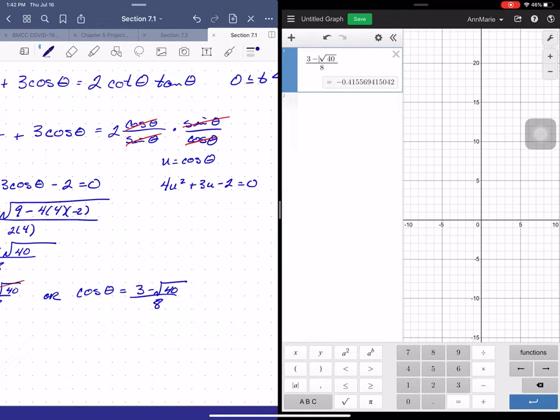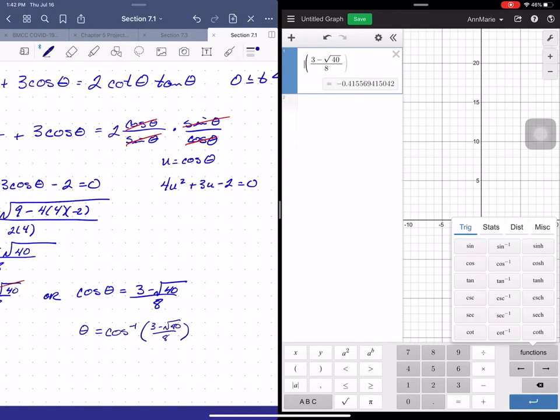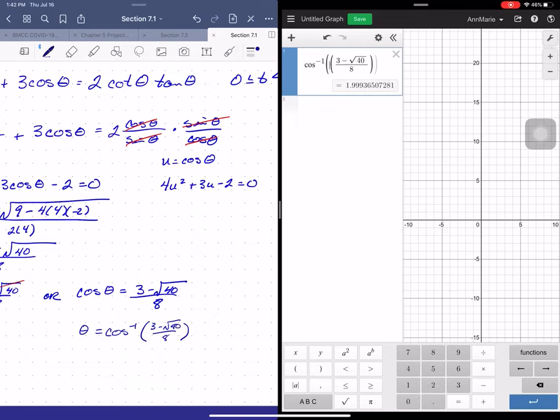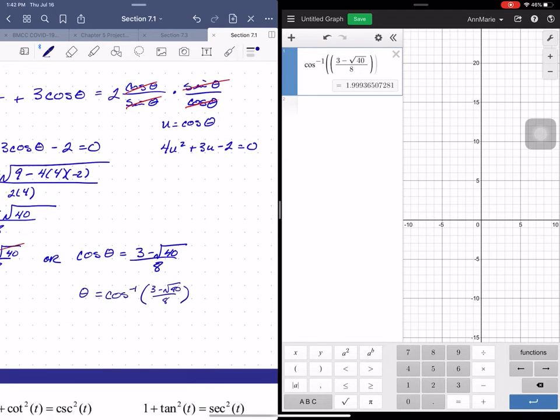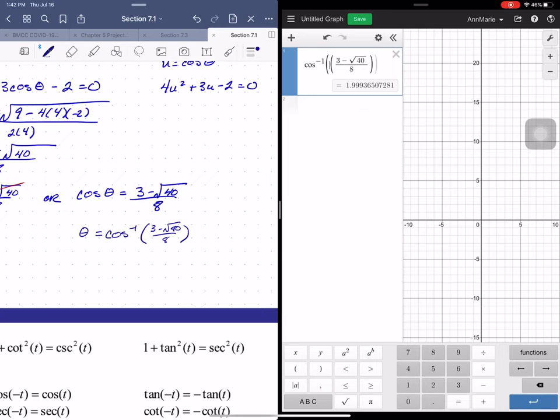All right, so now how do I find theta? Well, I find theta by taking the inverse cosine of this. And let's just do it this way. I think Desmos will let me do this. Yes, it will. So theta is 1.9994.